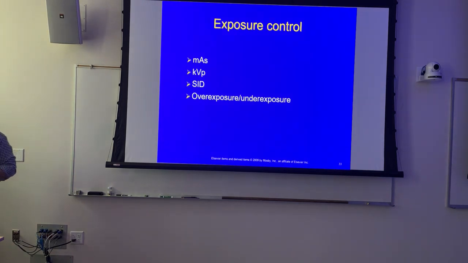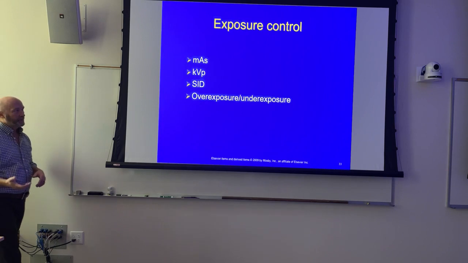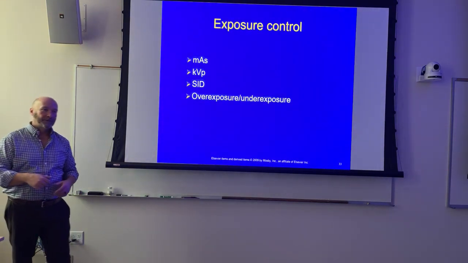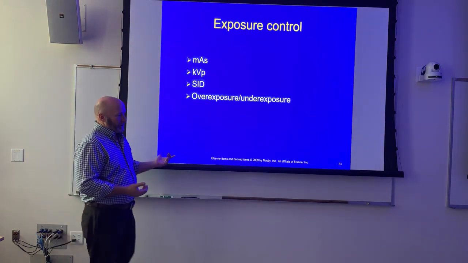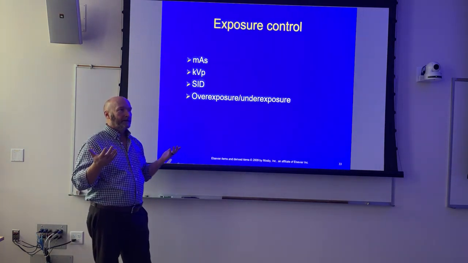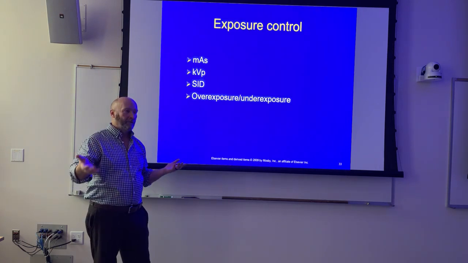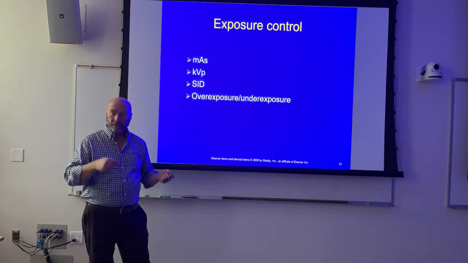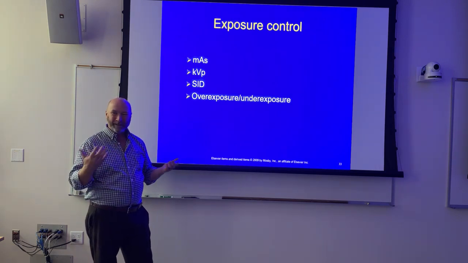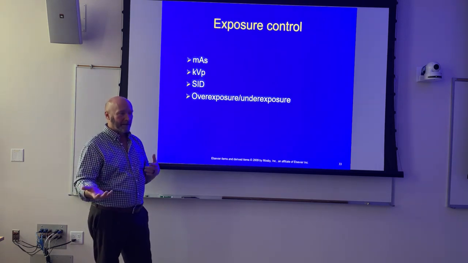Okay, so again, exposure control. You've got your mAs, you've got your kVp, overexposure, underexposure. You might lose some contrast with either one of those. Your image receptors can differentiate between high kVp X-ray photons and low kVp X-ray photons, but once it feeds it into the computer, it really just sees it as exposure.